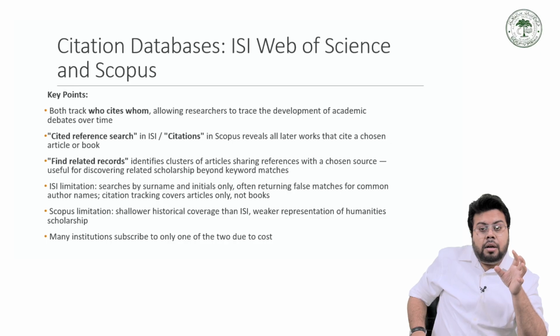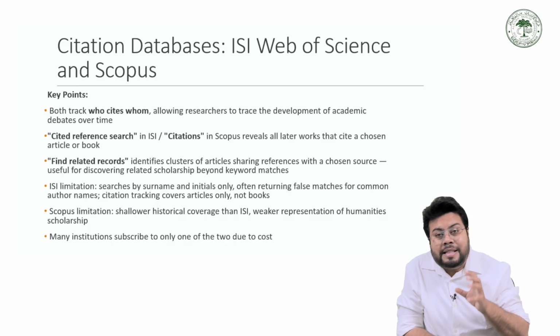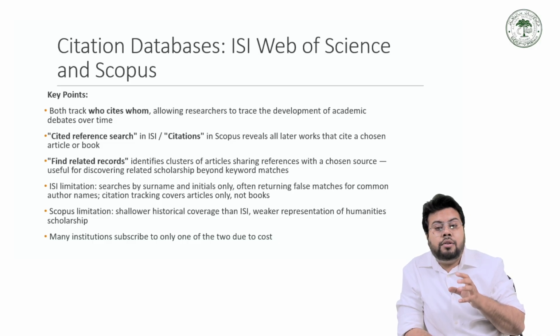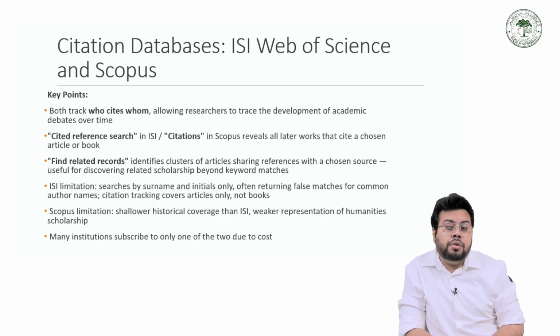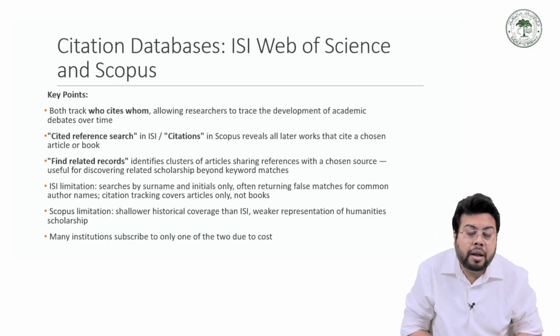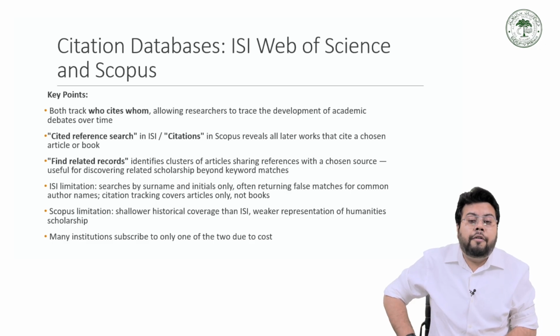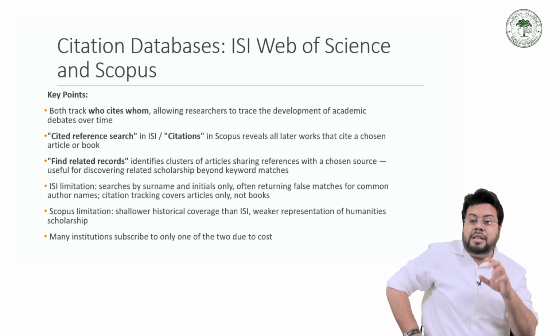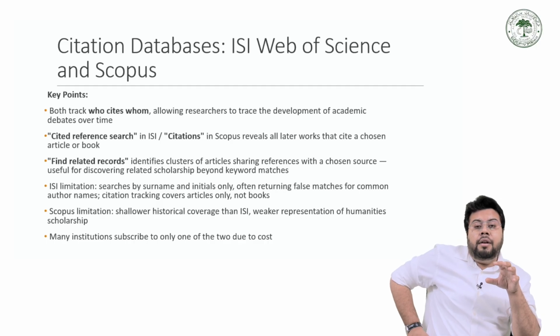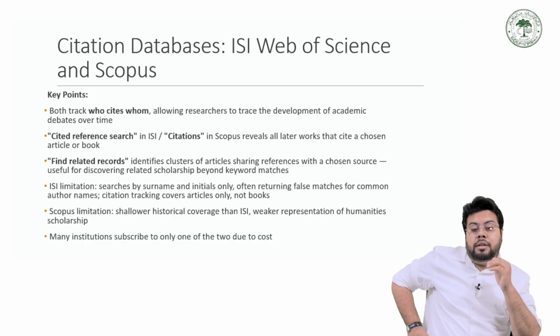The list of citing works is valuable because every single one of those authors has already decided your source matters enough to engage with. Now, a feature I want you to remember specifically is find related records. This doesn't show you who cited your source. It shows you other articles that share references with it, right?